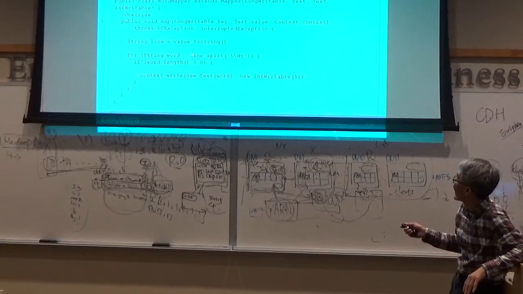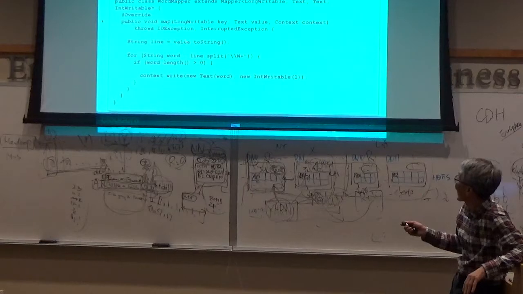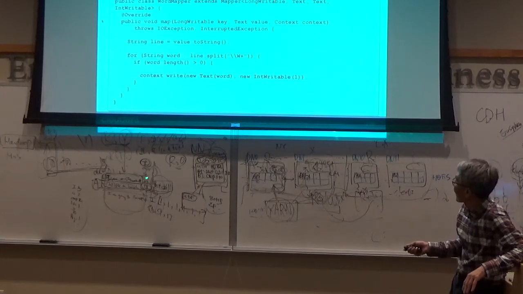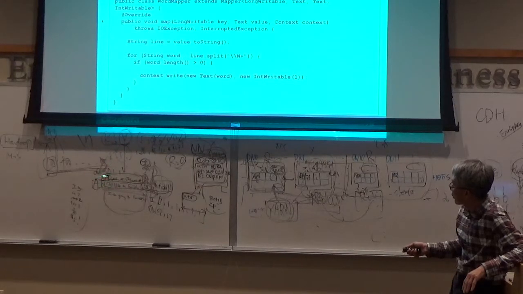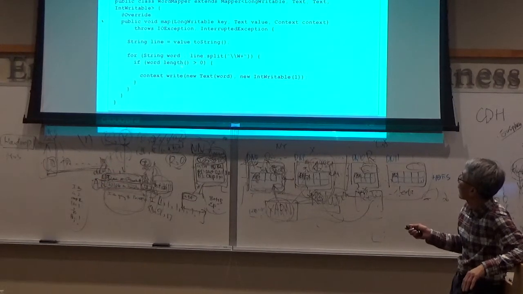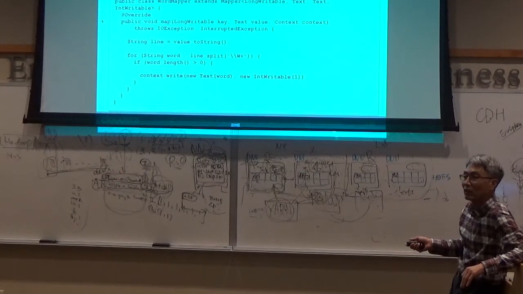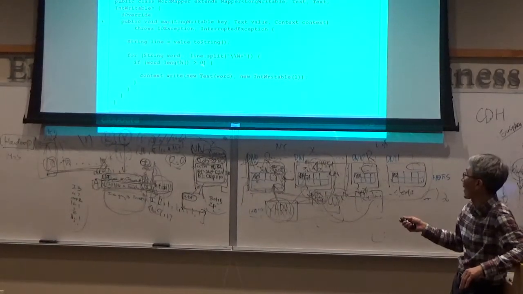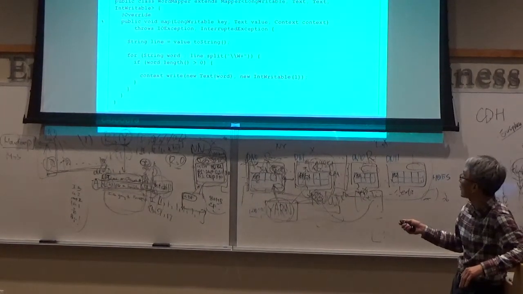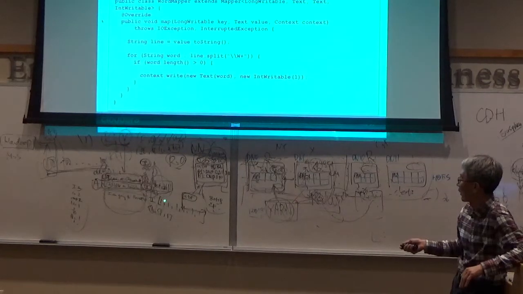In this case, we go line by line, the line is the value, and we get the text. We split by W, the word. Then we keep words whose length is bigger than 0, since we don't consider zero-length strings such as spaces. Then for each word we just write 1.